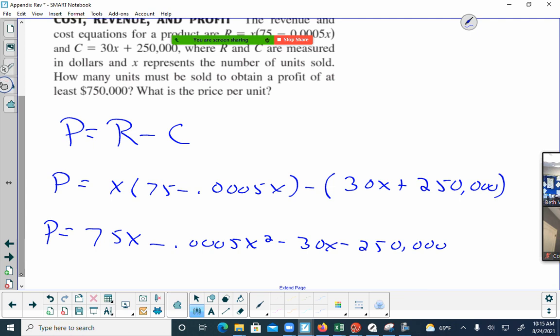So what are you going to do with that? So it would be greater than 750,000? Yeah. So I'm going to set up like this, so now I don't really need that P anymore. Done. Okay. Xavier, did you simplify that?